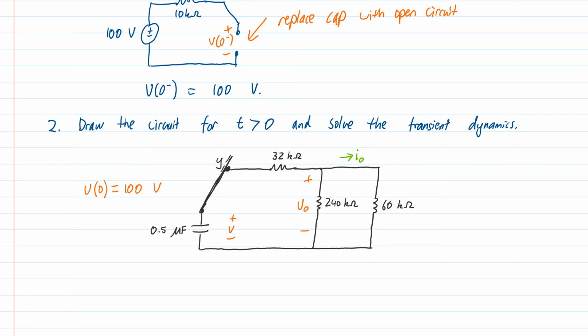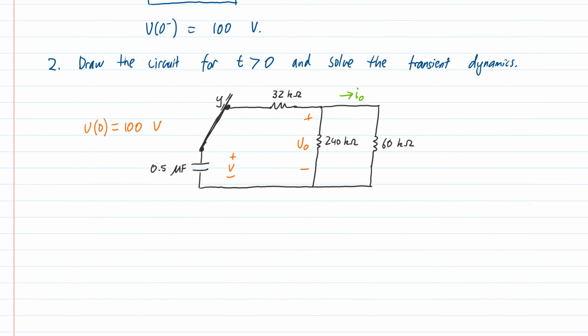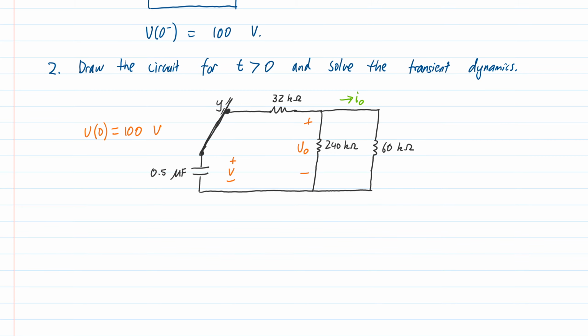So we know that initial voltage, and now we need to analyze this circuit. I'm going to simplify this a little bit by combining this parallel combination so that I end up with something simpler, so that I can calculate the circuit dynamics more easily. I don't really want to have to deal with simultaneous equations right now. So let's simplify the circuit.